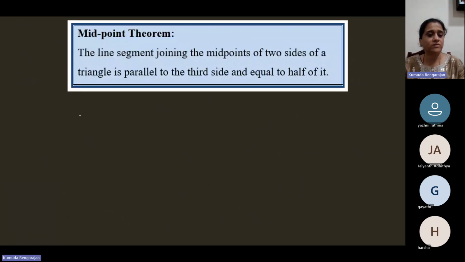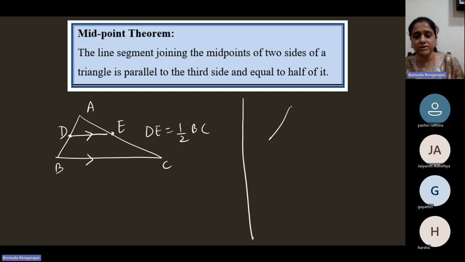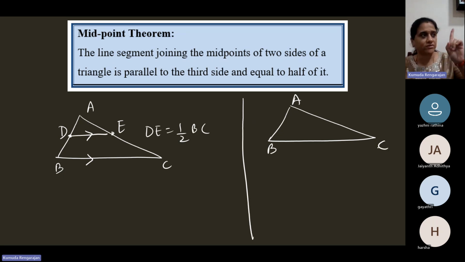So for midpoint theorem: in triangle ABC, if it is given that D is the midpoint of AB and E is the midpoint of AC, then by midpoint theorem, DE is parallel to BC and DE is equal to half BC. Converse of midpoint theorem: in triangle ABC, we only know one midpoint.